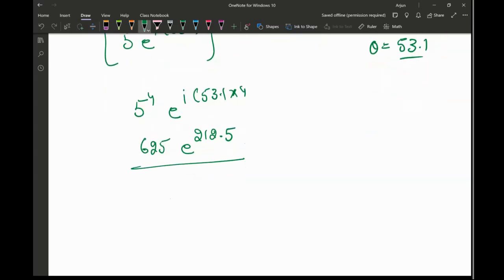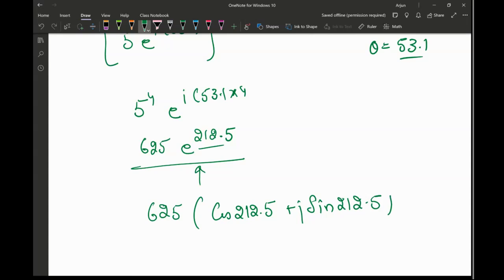Now I'm going to write it back into the rectangular coordinates, because that's where we started from. To get back into rectangular coordinates, I have to write it in polar coordinates first. So 625 times cos of 212.5 plus j sine of 212.5.